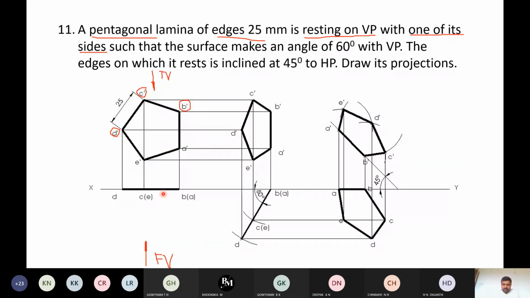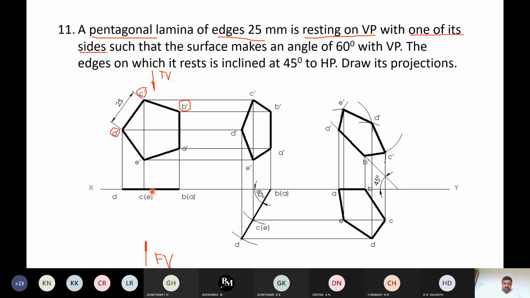Next, draw the front view. Here the complete lamina is on VP. So in top view it looks like a line, since it is perpendicular to HP and parallel to VP. Next, rotate the top view.